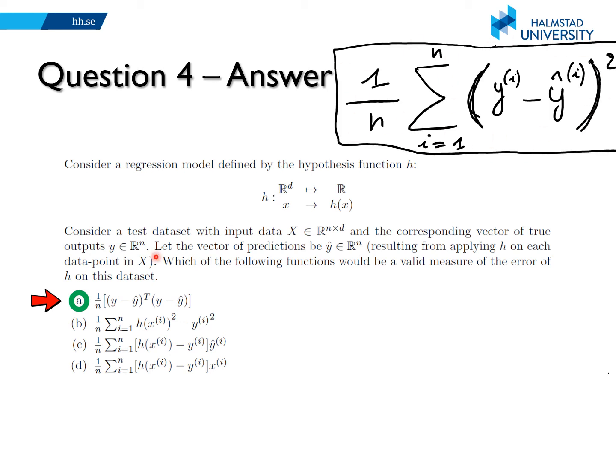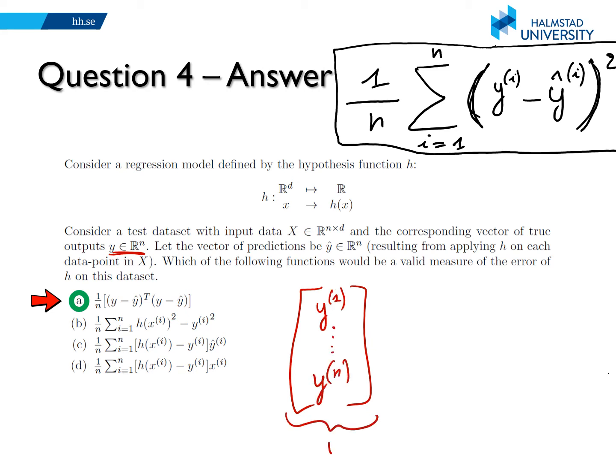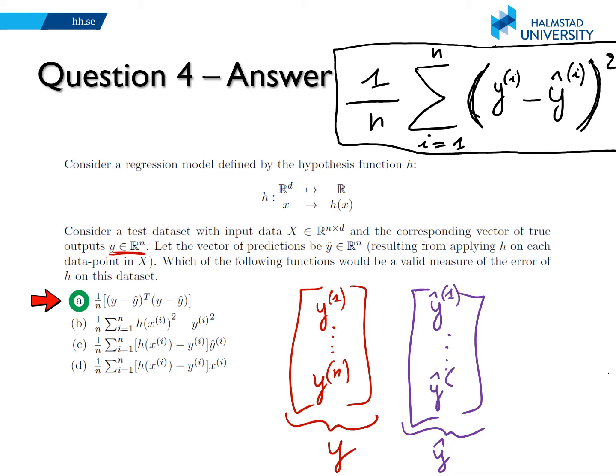And this is exactly the same as this one, because we have a vector of outputs, y. So this is a vector from y1 until yn. So that's y. And we have a vector of predicted outputs. So this is y hat. So we have n predicted outputs.